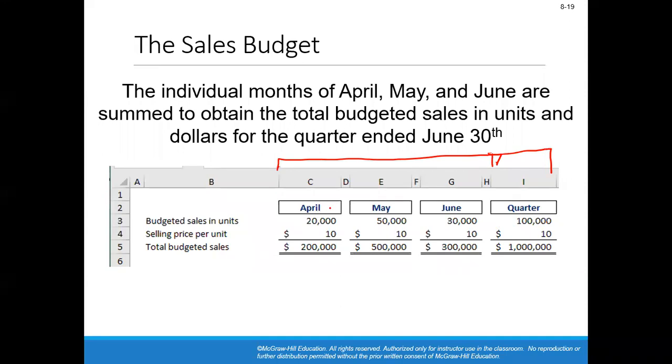We also have been given the $10 sales price, so the selling price is $10 in each month, assuming there has been no change in the selling price. So for the quarter it is $10. It is simply the multiplication of the sales units and the sales price per unit to get the total budgeted sales. Okay.